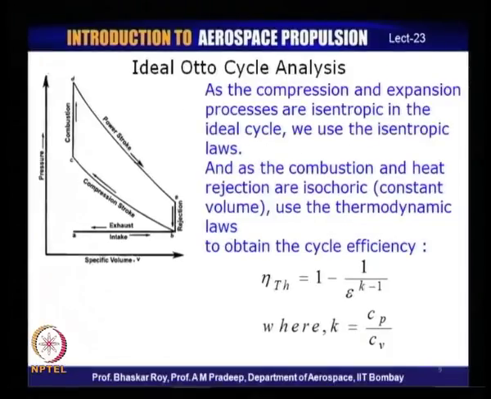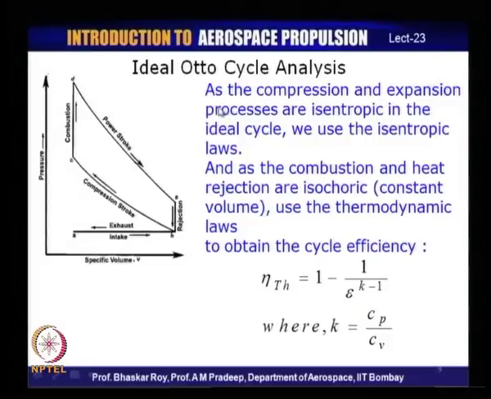Let us look at the ideal Otto cycle that we are at the moment trying to understand. That is a cycle that we have looked at, and as the compression and the expansion processes, as we have seen, are isentropic, we can use the isentropic laws that you have studied, and then we have the combustion and the heat rejection processes, which are constant volume processes, and we can use the thermodynamic laws that you have used for those kinds of processes.